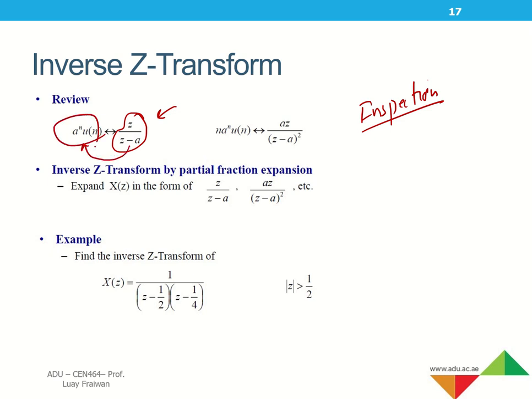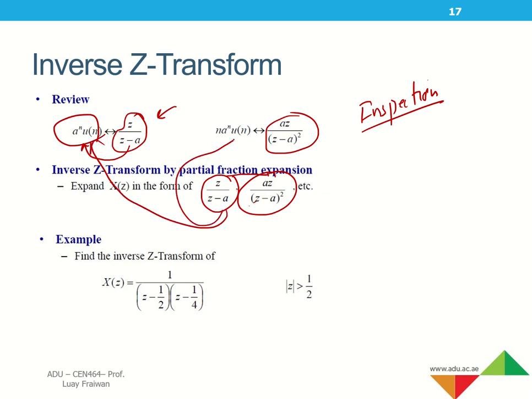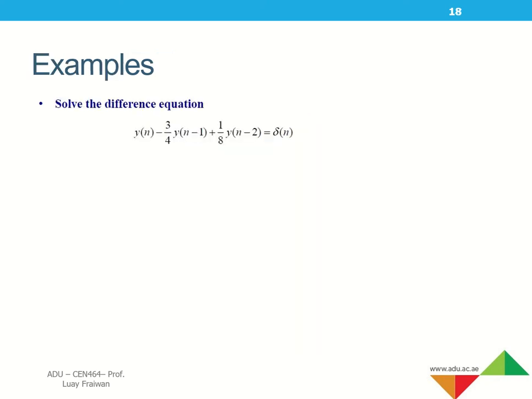But if it is a complex one, we can use the partial fraction technique. We simplify it into these forms, and then find the relevant pair to get the inverse z transform.